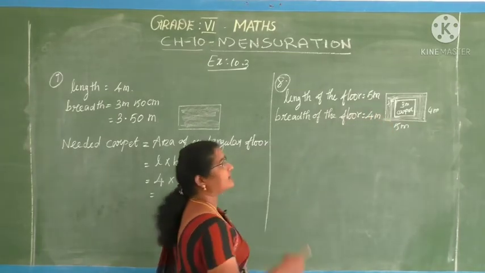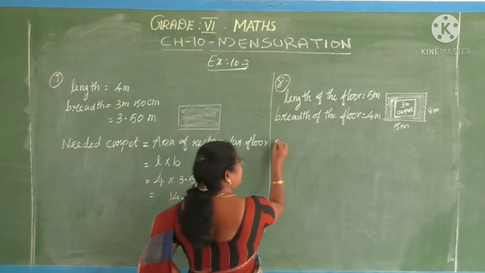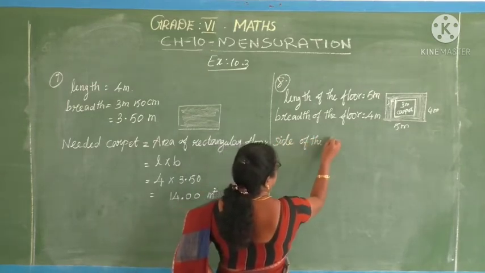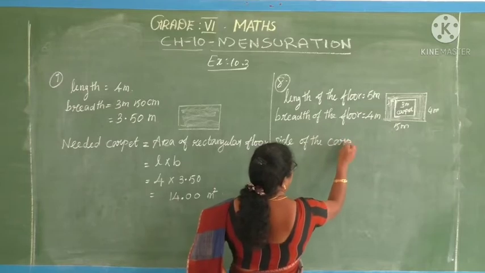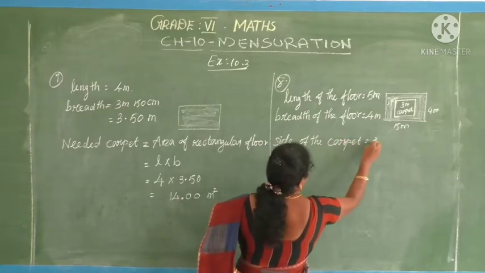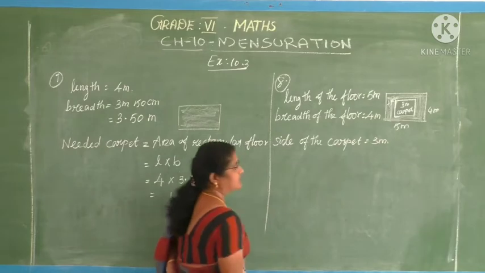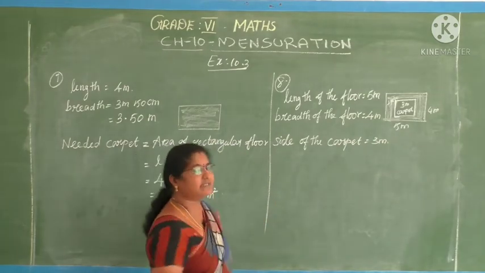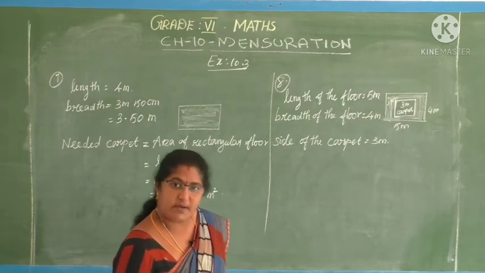Next, what is given? 3 meter. What is that? Side of the carpet. The carpet is square in shape. Side of this carpet is 3 meter. Okay, we have written what is given. See, all the measurements are in the same unit, meter.